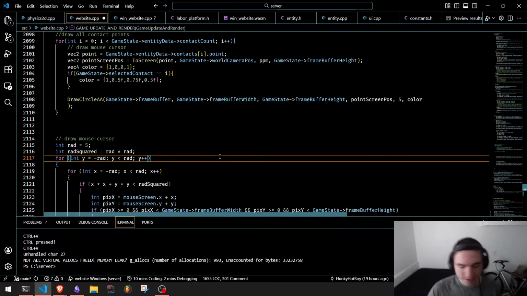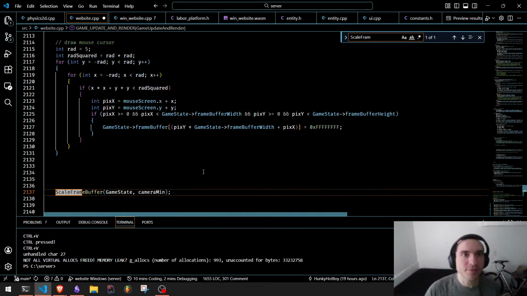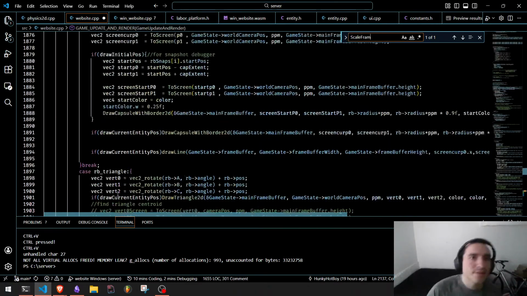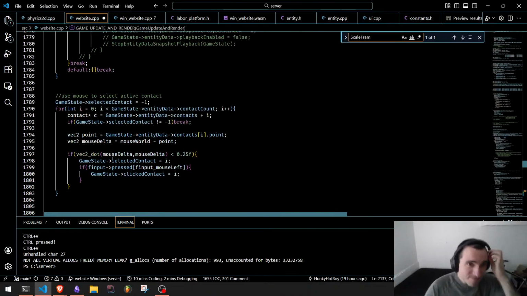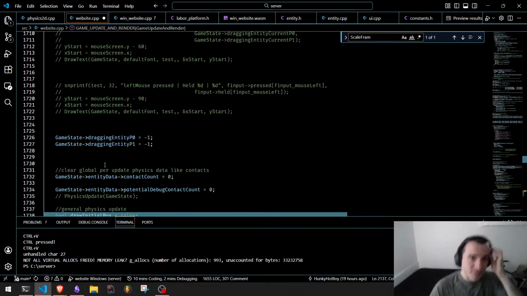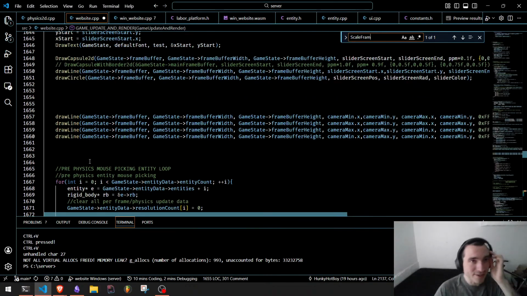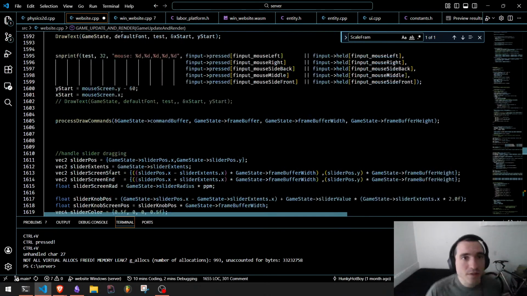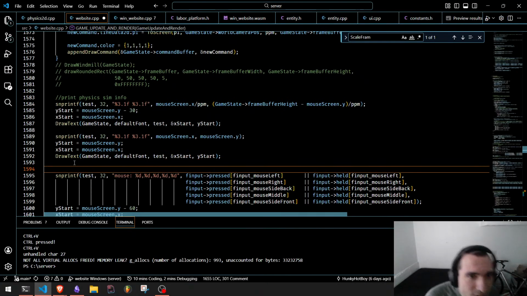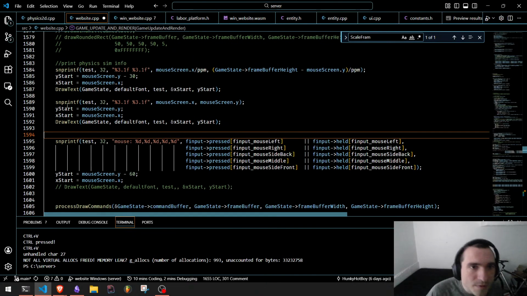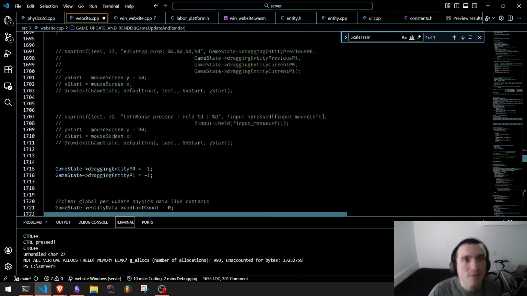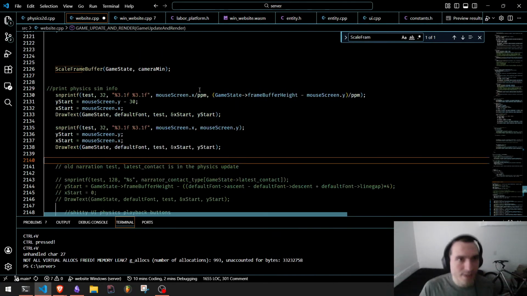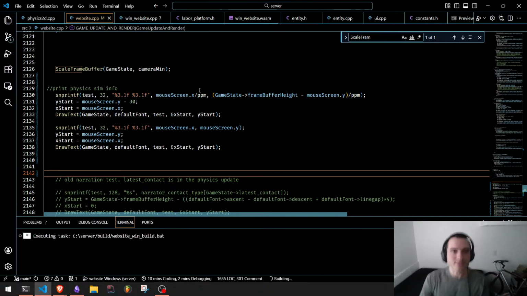I have the scaling thing. Scale frame buffer right there. I'm going to draw that text telling me the position of the mouse after I already scale everything, which is right here. And we got to start cleaning this up, once everything starts working, of course.